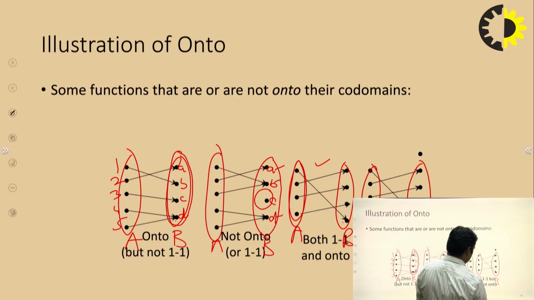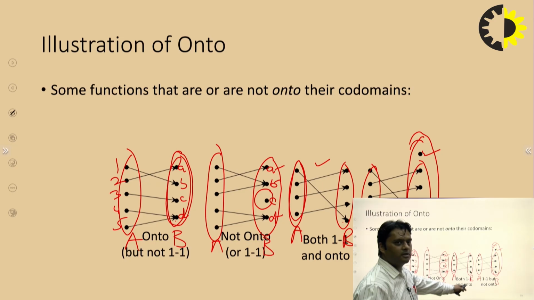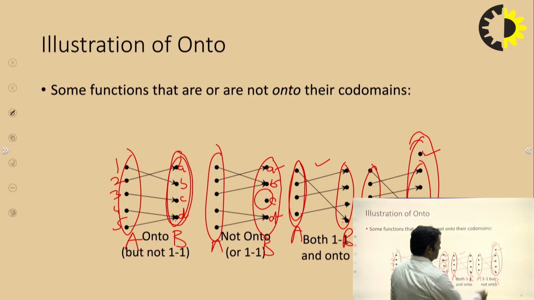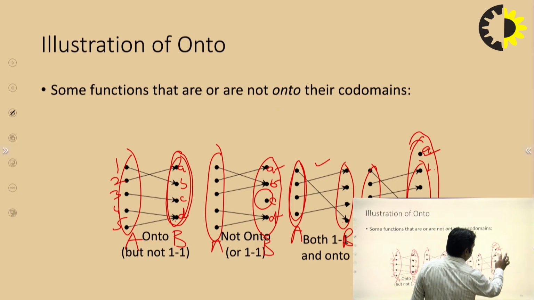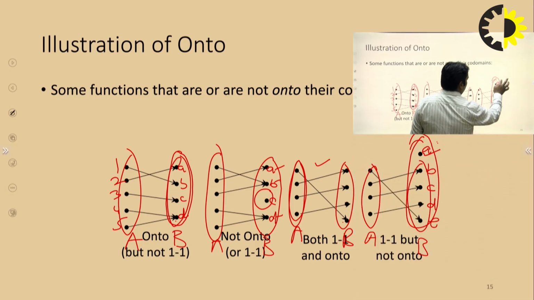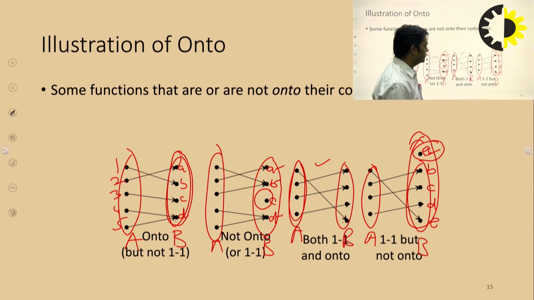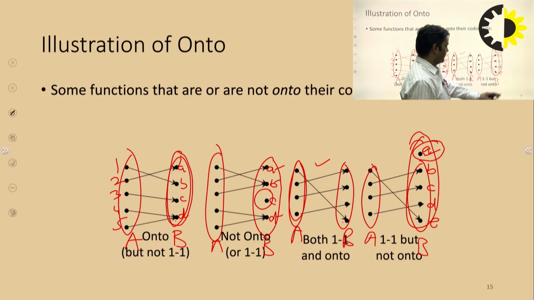In this diagram, this element is not the image of any element of A. So this is not onto.